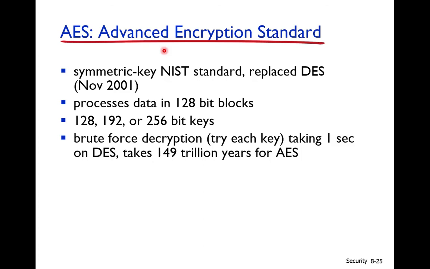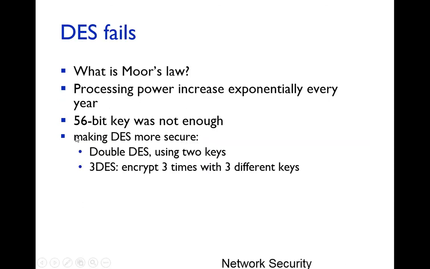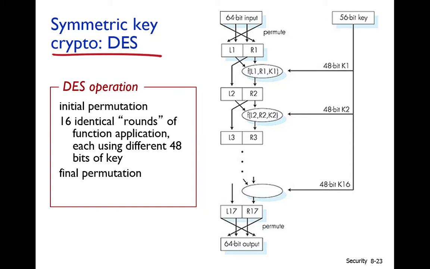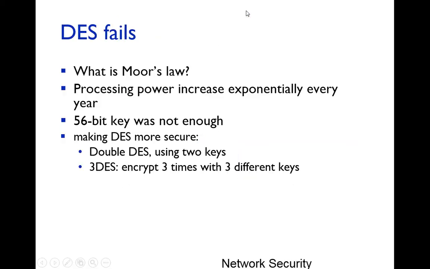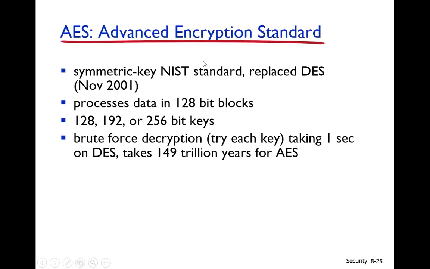The AES algorithm was more secure than DES. Why? Because it processes the data in 128-bit blocks. The DES algorithm was processing the data in 64-bit blocks. But AES processes the plain text in 128-bit blocks.